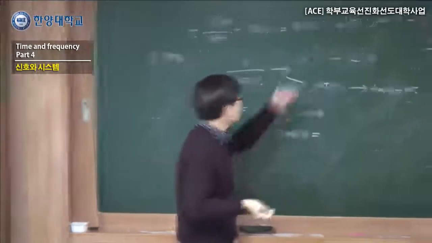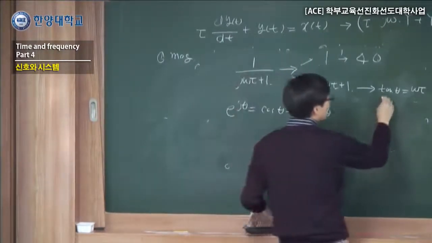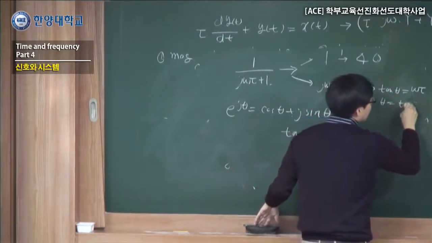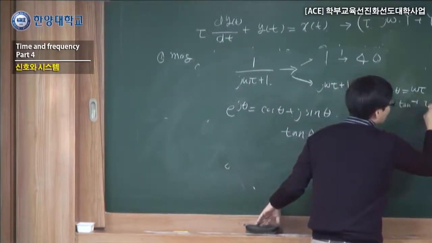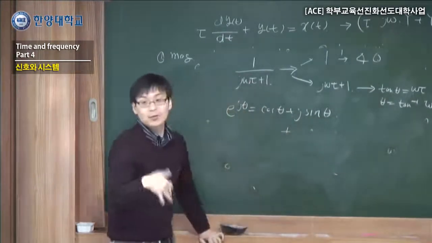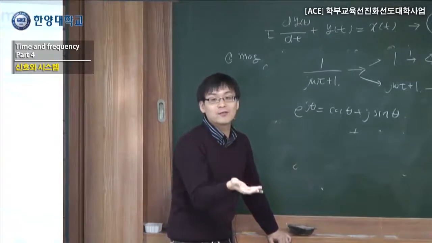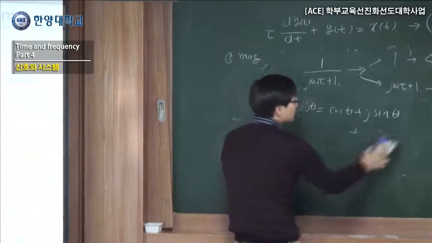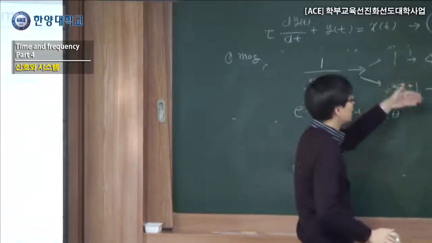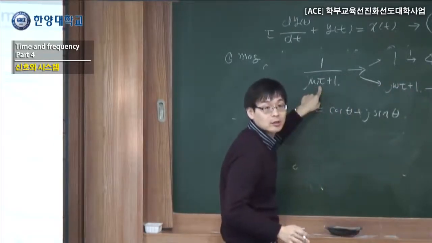However, if you combine as a system, so in here the theta is tangent inverse of omega tau. So I told you, I sometimes tell wrong things to catch whether you are following or not. So in here, this is right, but remember, this is the denominator, not the numerator.